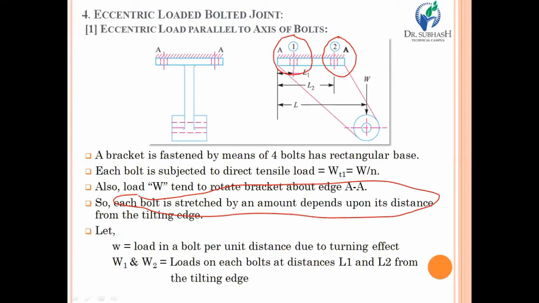So let's start to derive the relation for the same. Before that, a few assumptions are taken. Small w stands for the load in a bolt per unit distance due to turning effect, and W1 and W2 are the loads on each bolt, which are located at distances L1 and L2 from the tilting edge.